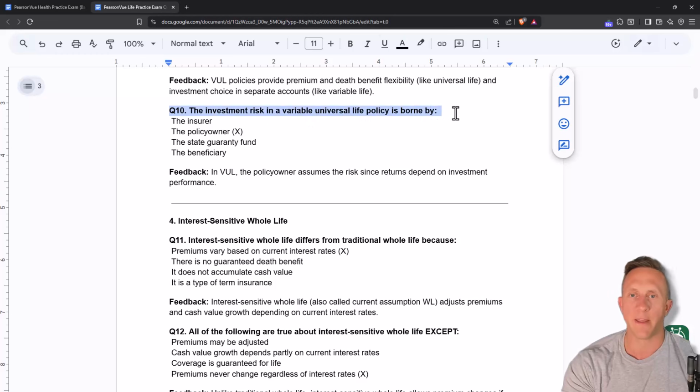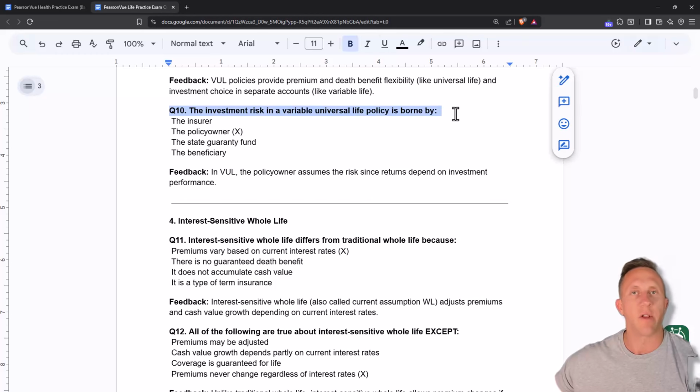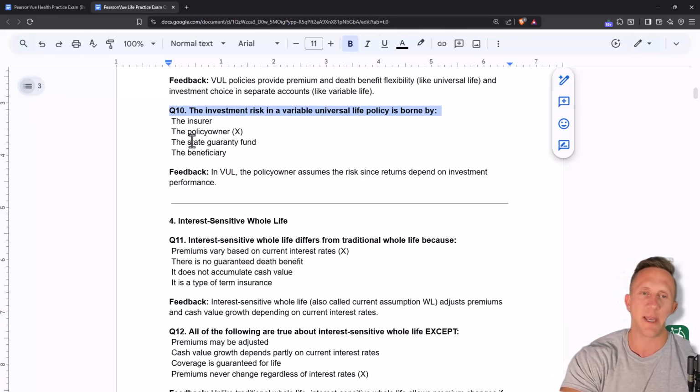Okay. The investment risk in a variable universal life policy is borne by the policy owner. In a variable policy, the policy owner takes on the risk of the investment. The insurance company does not. The insurance company takes the risk on a fixed policy where premiums are invested in the company's general account. The state guarantee fund is something else.